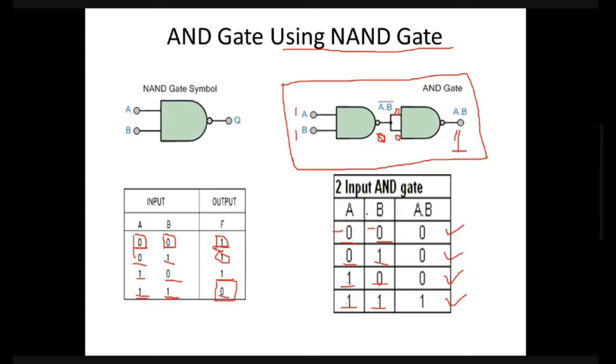So whatever this circuit is designed, this circuit acts as an AND gate. How does it act as an AND gate? The AND gate equation is A dot B, which means A logically multiplied with B. So 0 dot 0 is 0, 0 dot 1 is 0, 1 dot 0 is 0, and 1 dot 1 is 1.